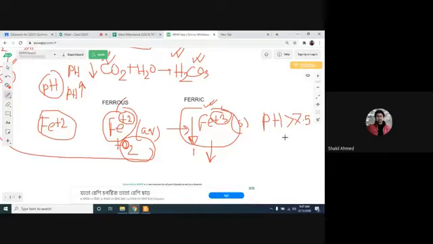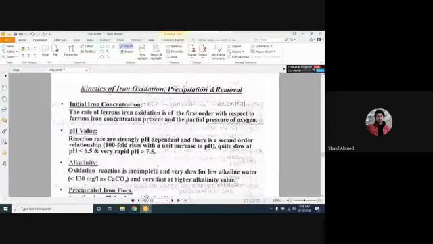If it's less than 7.5, then this reaction is very slow, almost zero. So for this reaction to happen with aeration, I'm talking about aeration, your pH has to be greater than 7.5.